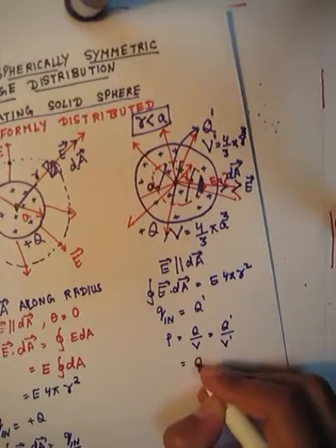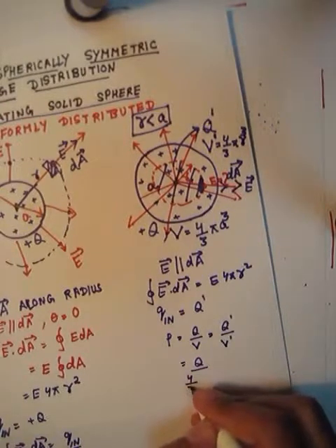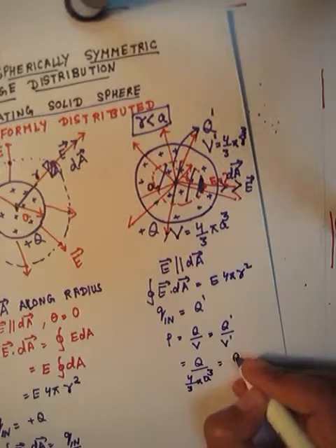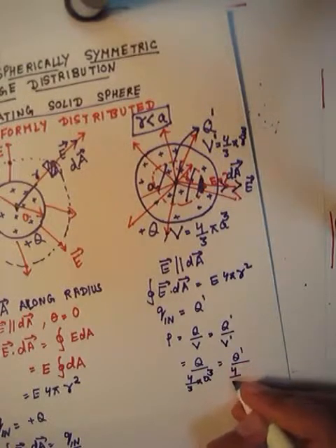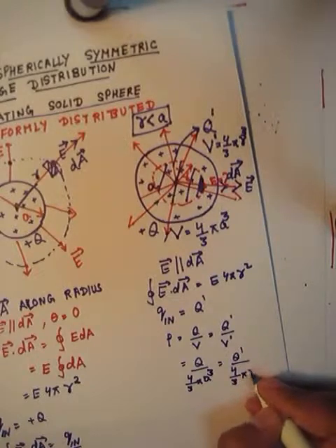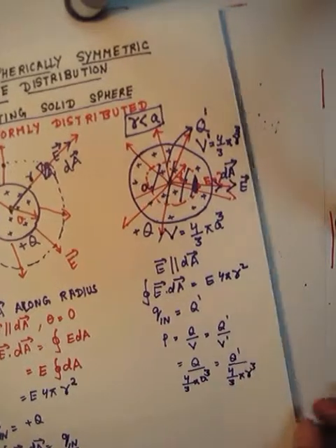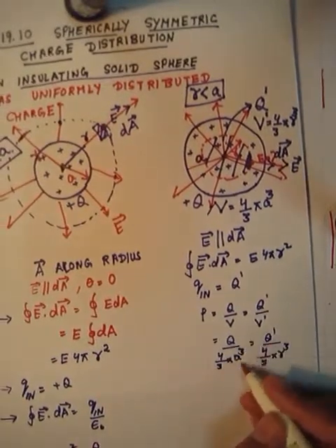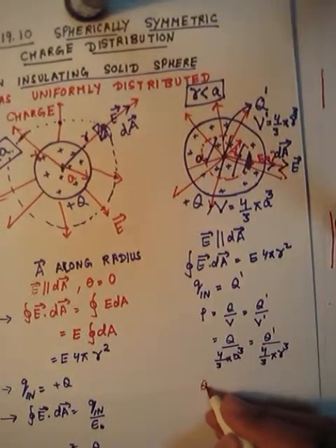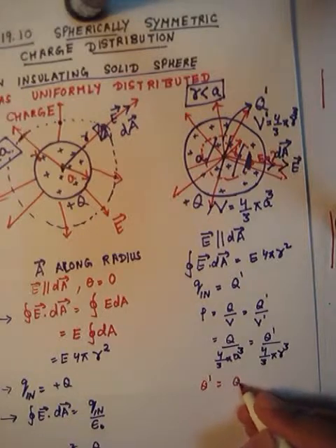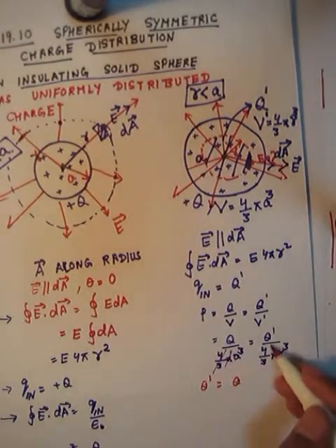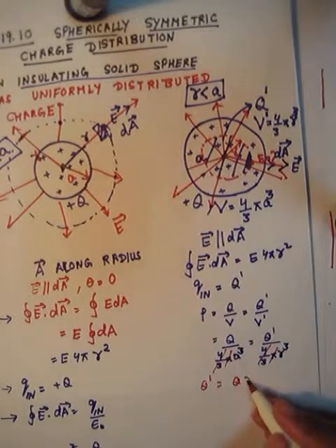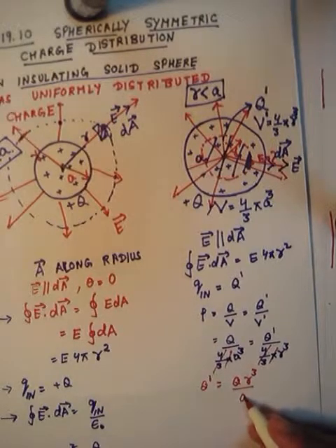So it will be Q upon 4 upon 3 pi A cube equal to Q dash upon 4 upon 3 pi R cube. From this equation, these cancel, and Q dash will be equal to Q R cube upon A cube.